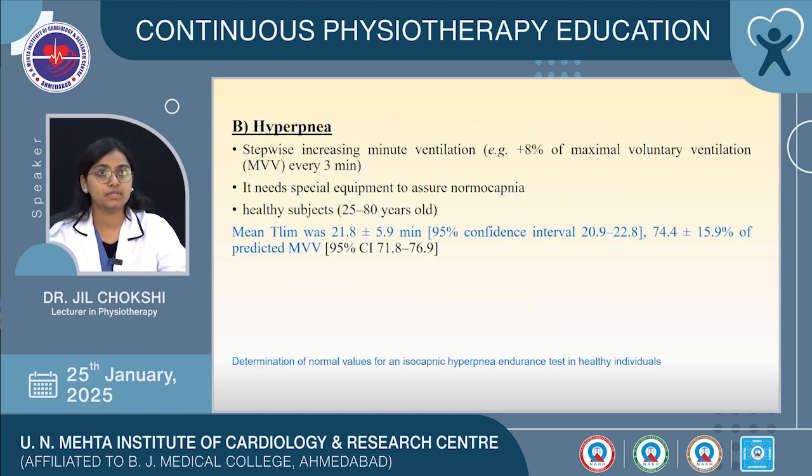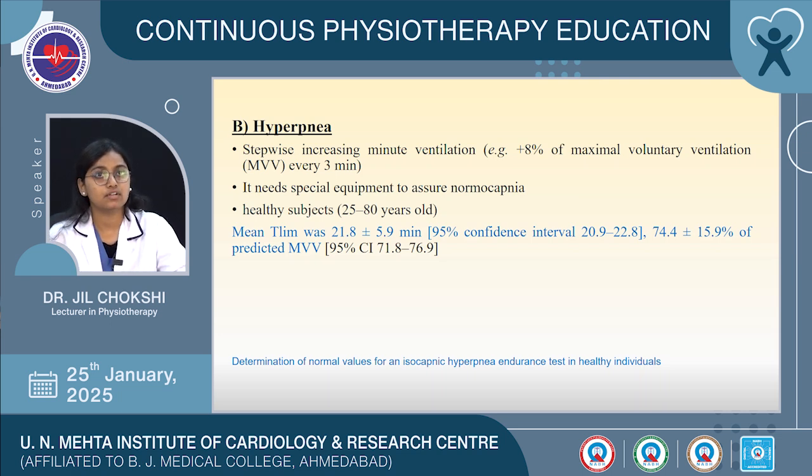Second one is the hyperpnea. There is a stepwise increase in minute ventilation, 8% of MVV at every 3 minutes. It needs special equipment to assure the normocapnia. Normocapnia means the patient has to maintain the normal carbon dioxide pressure, and the amount of time the patient is able to maintain this normal carbon dioxide pressure is recorded.